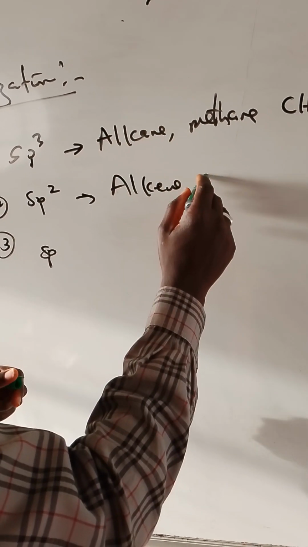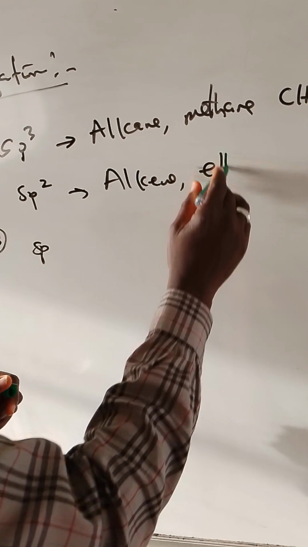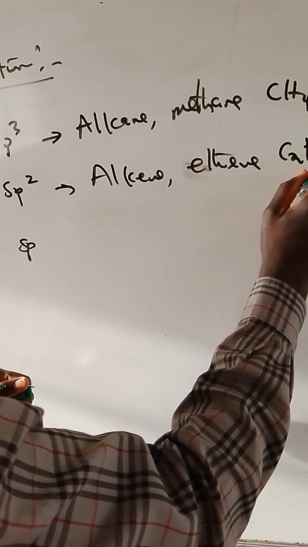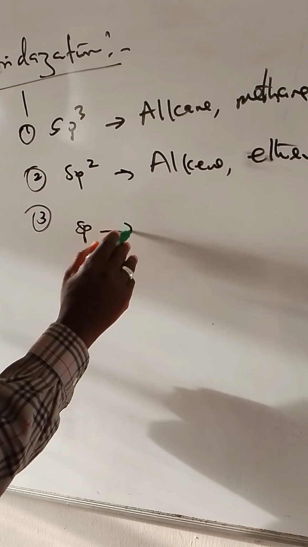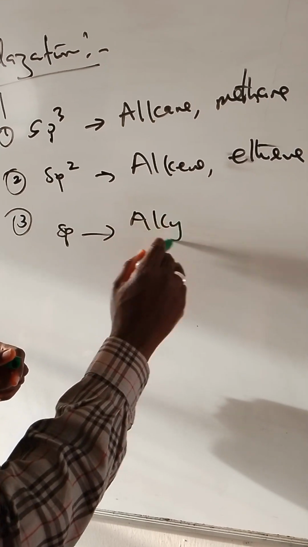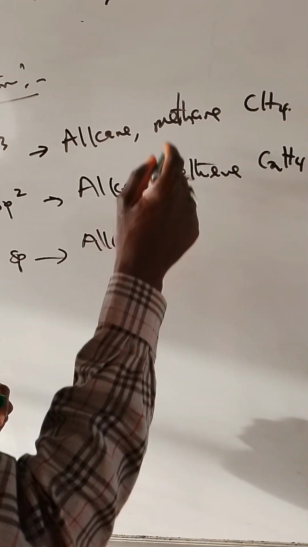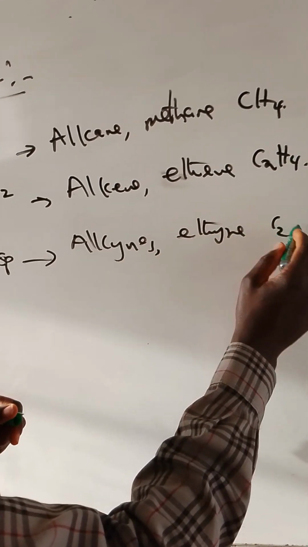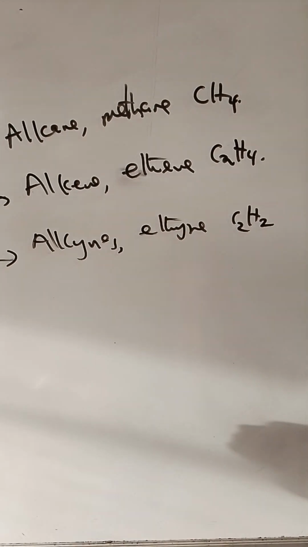An example is ethene, which is C2H4. The last one is sp, which is alkyne, and the example of it is ethyne, and this is C2H2, as the case may be.